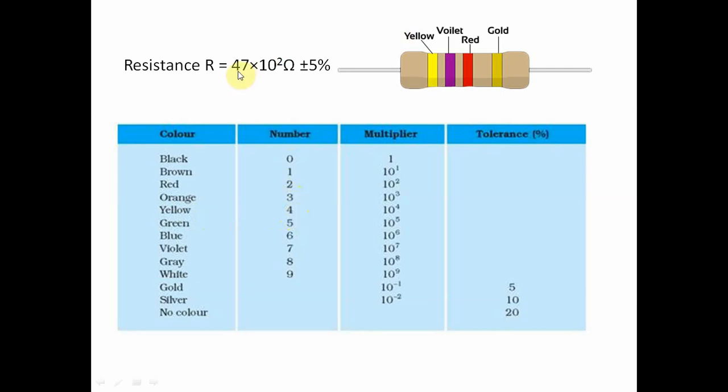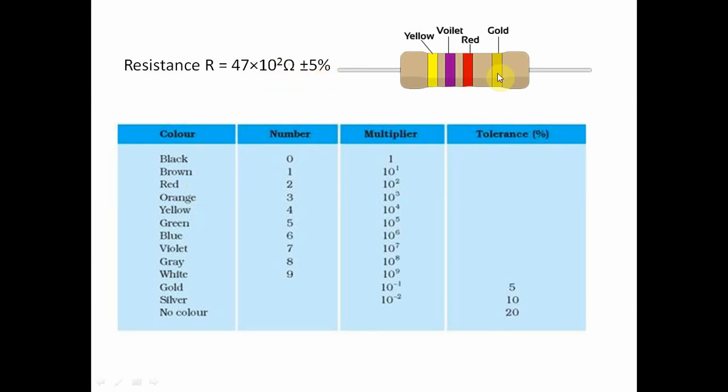So we write 4. The next color band is violet, and in the table for violet it is 7. So the second significant figure is 7, into 10 raised to power based on red color. Red color number is 2, so 10 raised to power 2.